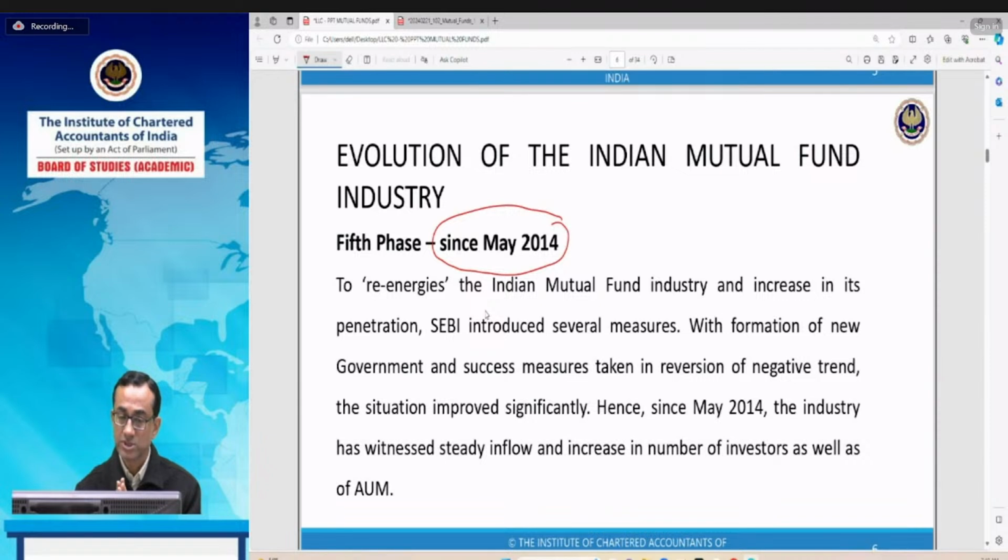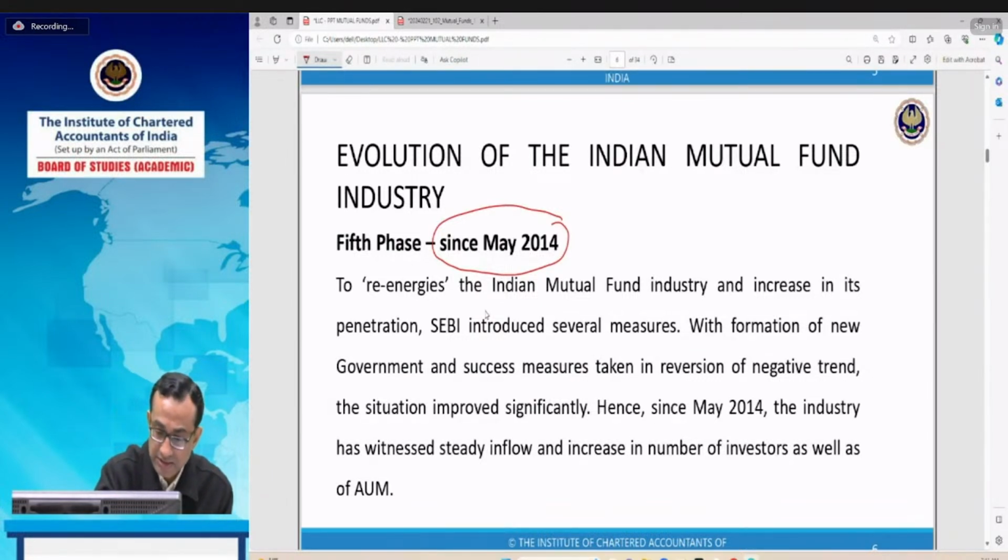Let us read the second sentence: with formation of new government and successive measures taken in reversion of negative trend, the situation improved significantly in the mutual fund industry. Hence, since May 2014, the industry has witnessed steady inflow and increase in number of investors as well as AUM.